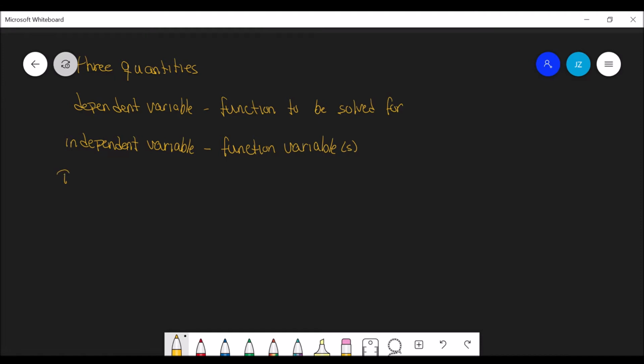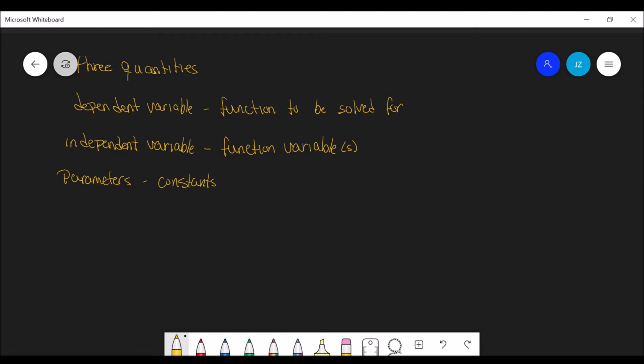And then we have parameters. These are just constants. Now, these constants remain fixed for any given problem. However, these constants can vary from problem to problem.